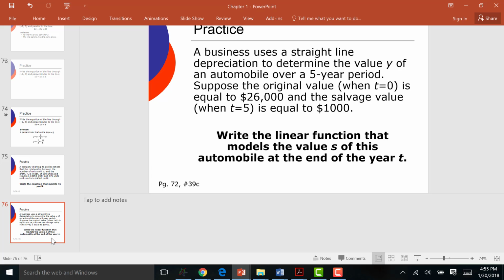That's the equation for depreciation of the vehicle. That's the linear function used to determine the value of the vehicle at whatever year. Alrighty, that finishes up chapter 1.